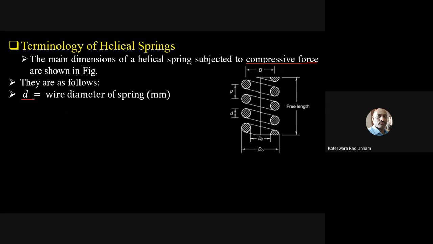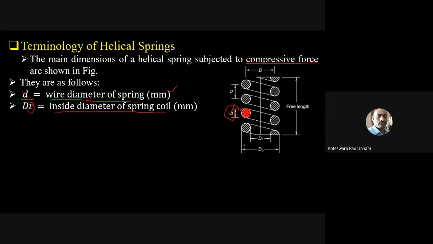First one, small d. Small d is nothing but, if I cut the spring here, this is the cross section of the spring wire, which is a circular cross section, and the diameter of that wire we denote by small d. Therefore small d is the wire diameter of the spring, expressed in mm. Then DI, d suffix I, is the inside diameter of the spring coil.